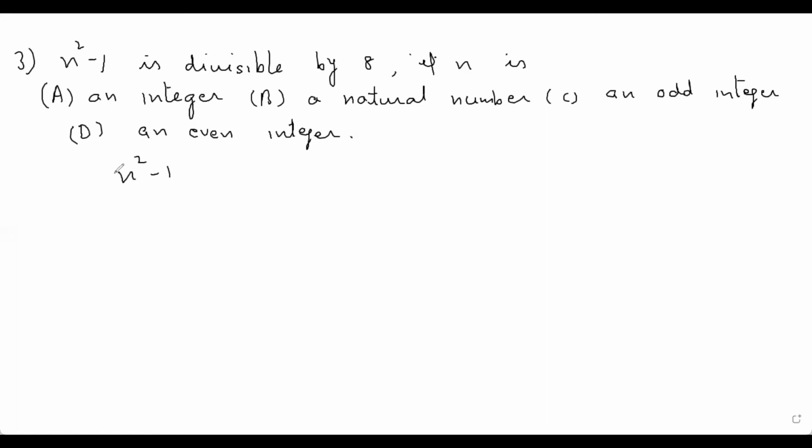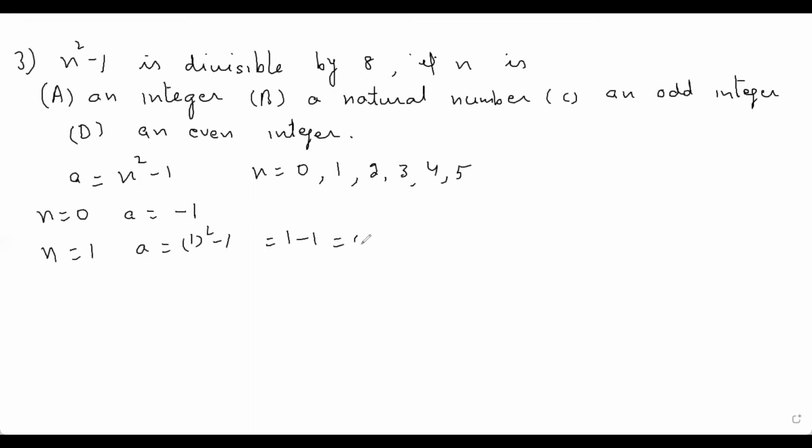Now, let this number be a. Let me substitute n as 0, 1, 2, 3, 4, 5. If n is 0, then a is equal to minus 1. If n is 1, a is equal to 1 square minus 1, that means 1 minus 1, which is equal to 0.